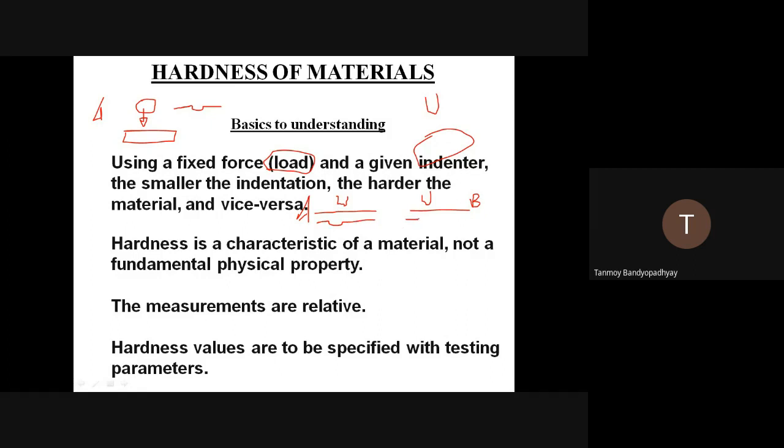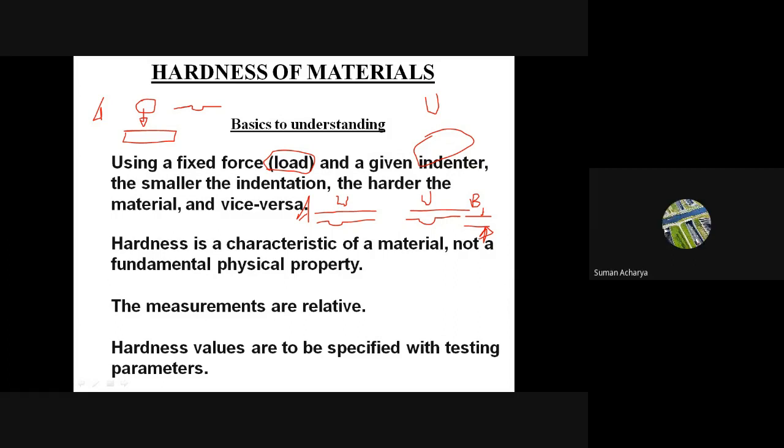If I say this was my original surface and this is the indentation depth, and I can measure it, then the specimen that has higher hardness will experience lower indentation depth, and similarly the specimen that has lower hardness will have higher indentation depth.